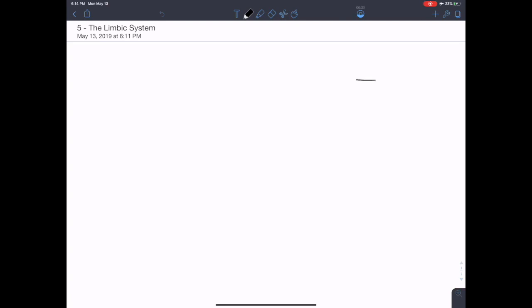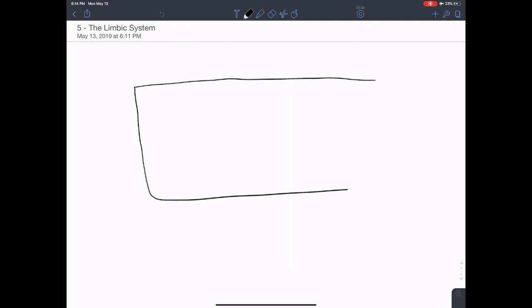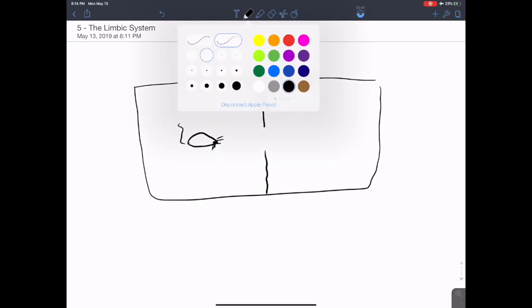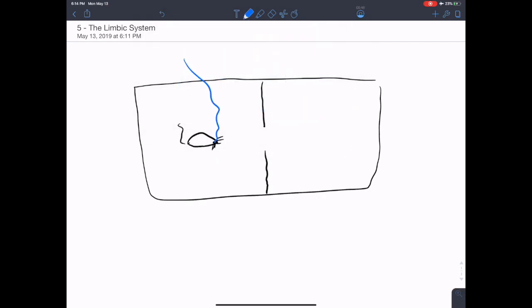So if you take a box with 2 chambers, and you take a mouse, here's a little mouse with whiskers and a tail, and you take this fiber optic optogenetics cable.